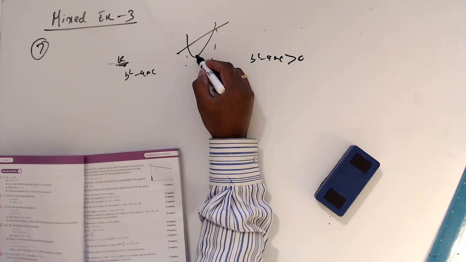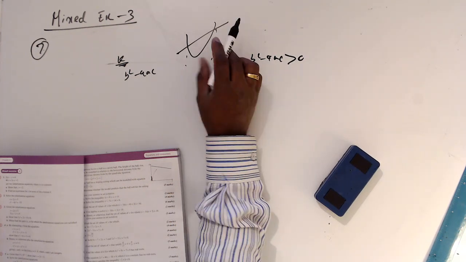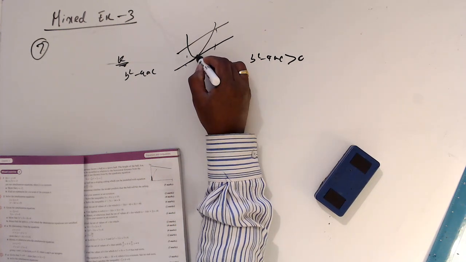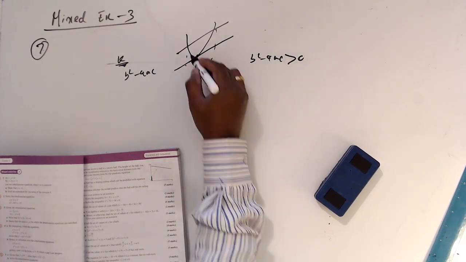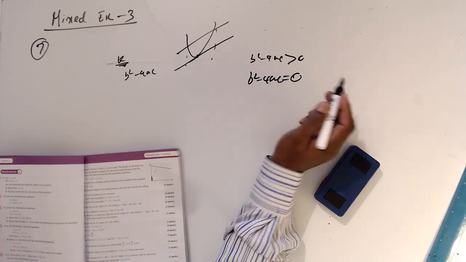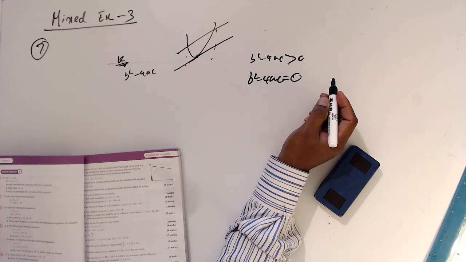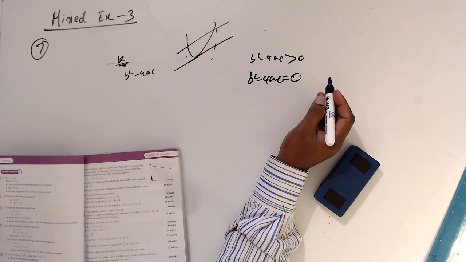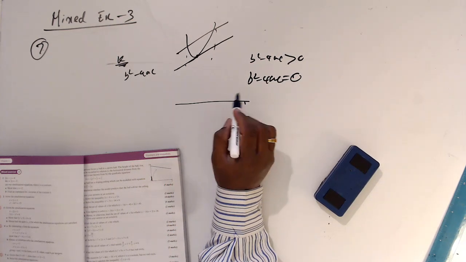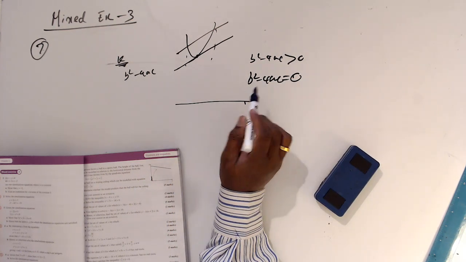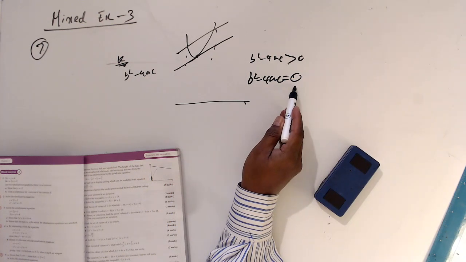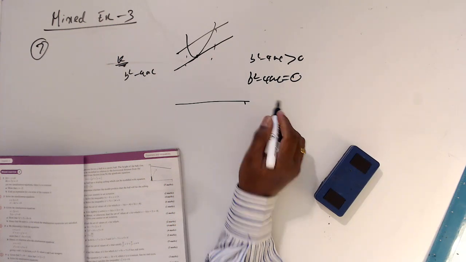Now only one intersection point means it is a repeated root, so b² minus 4ac equals 0. So this is the plan. We'll get a quadratic equation, and then from that we'll make b² minus 4ac equal to 0. Then we will be able to find k.